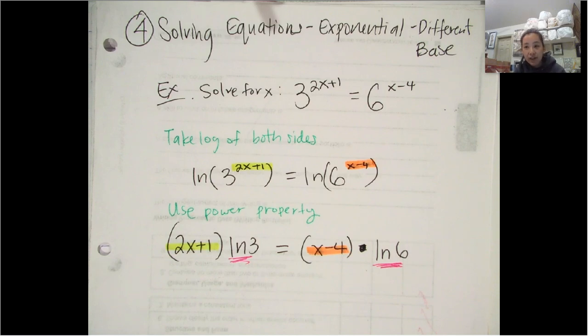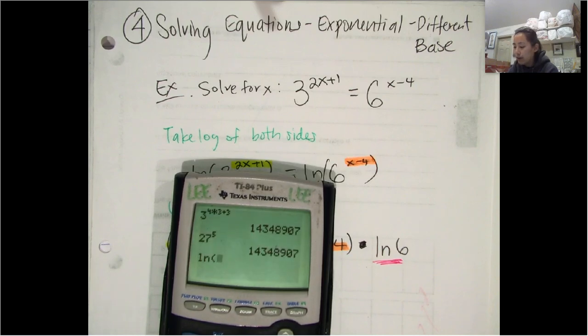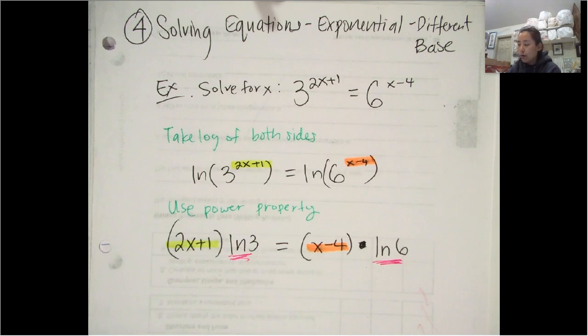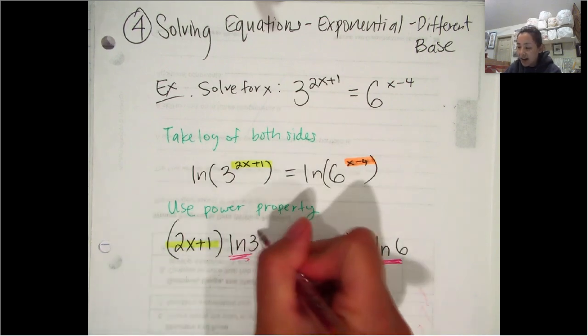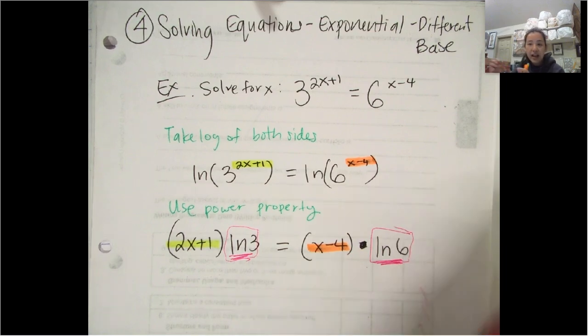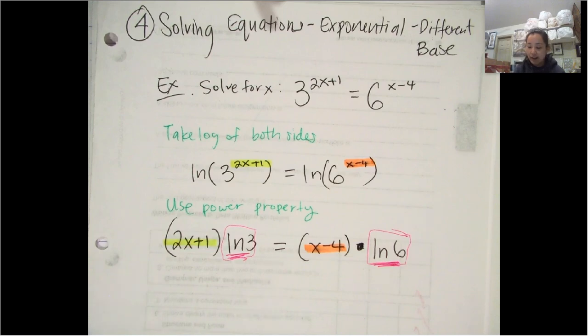So if you take the ln of 3, you're going to get a number. So for example, in our calculator, if we do ln of 3, you get a number. So we treat this as an entire entity. Same with the ln of 6. Do not separate a number from the logarithm. Do not separate a logarithm from the argument. Those go together always. So keep this ln of 3 together, keep this ln of 6 together.